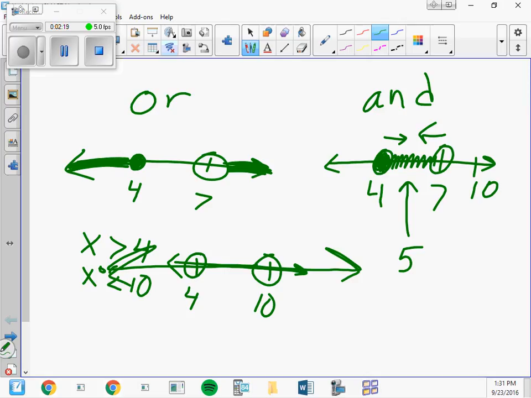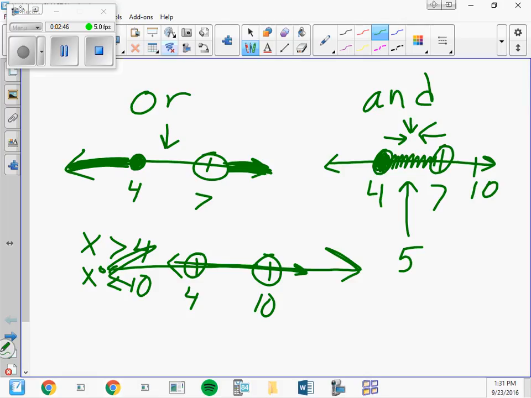What number satisfies one or the other? And the answer is everything. Every number is either bigger than 4 or smaller than 10. So if you have an OR that faces towards each other, the answer is the entire x-axis, because everything satisfies one or the other. But I don't think that happens today. In general, OR has a gap in the middle, and AND goes toward the middle.